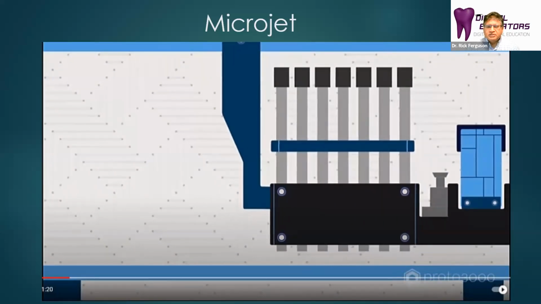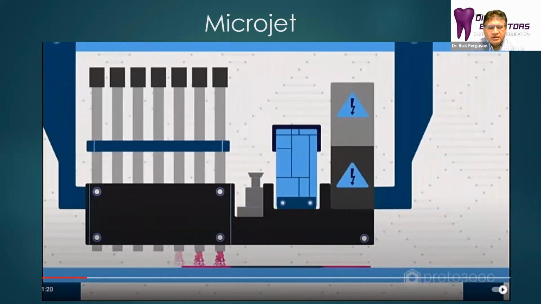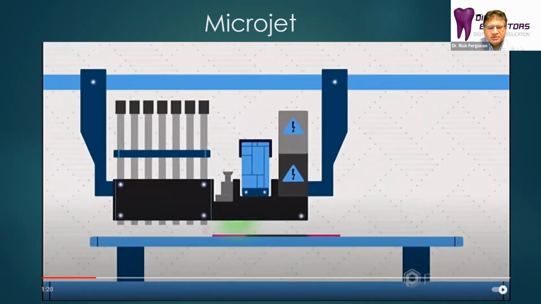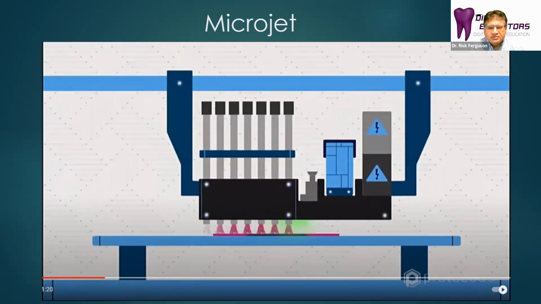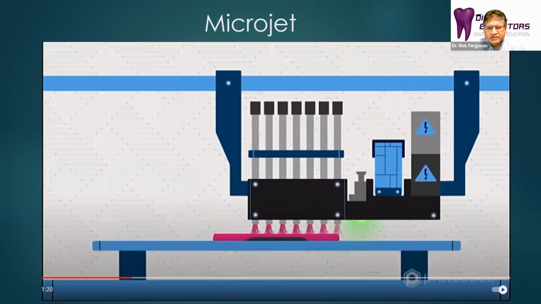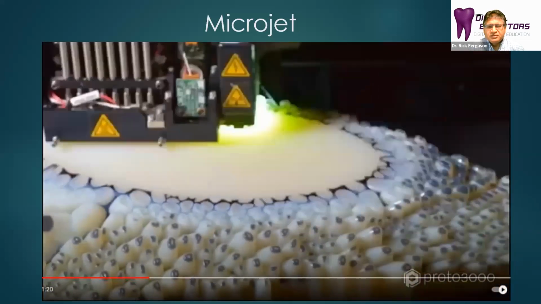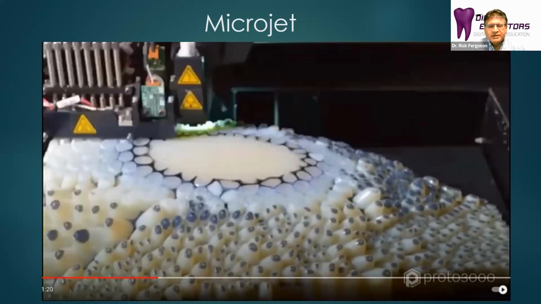And then we have microjet, which is kind of like an inkjet technique where very small jets of material are laid down in layers again. And you can see then we have the UV light that immediately cures it. And this goes back and forth over the different layers and builds up the material. So all of these techniques use the same layering technique.